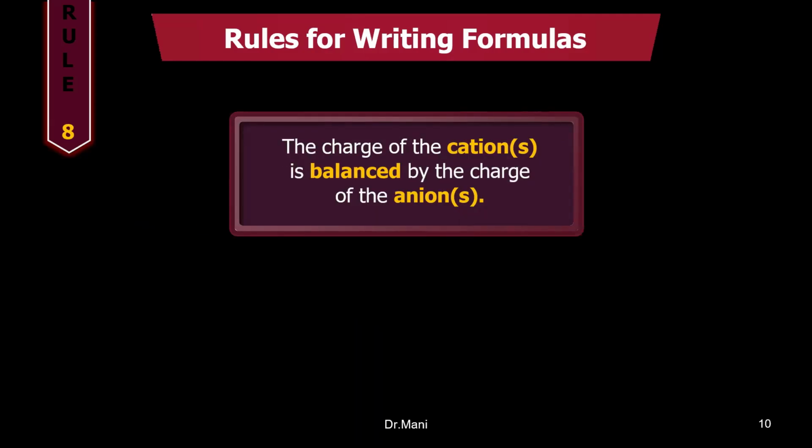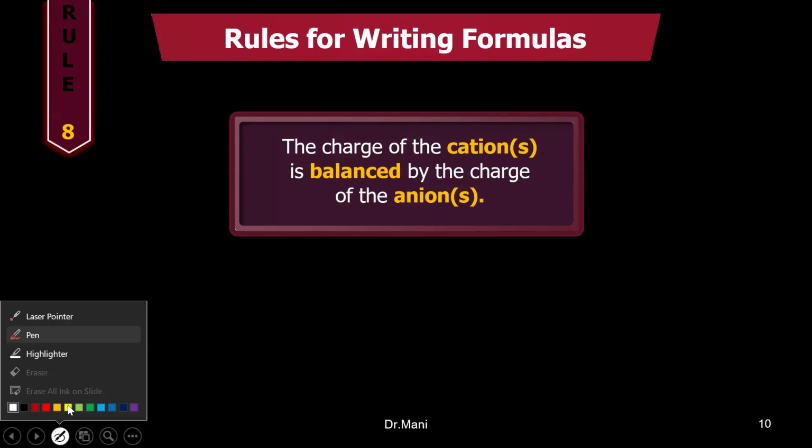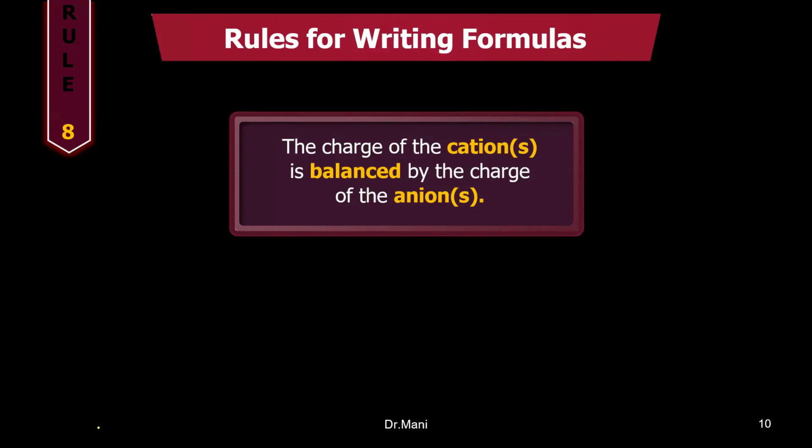And the charge of the cations is balanced by the charge of the anions. Let's take an example. We know cobalt is 3 plus. C2O4, or ox, is a -2 charge.